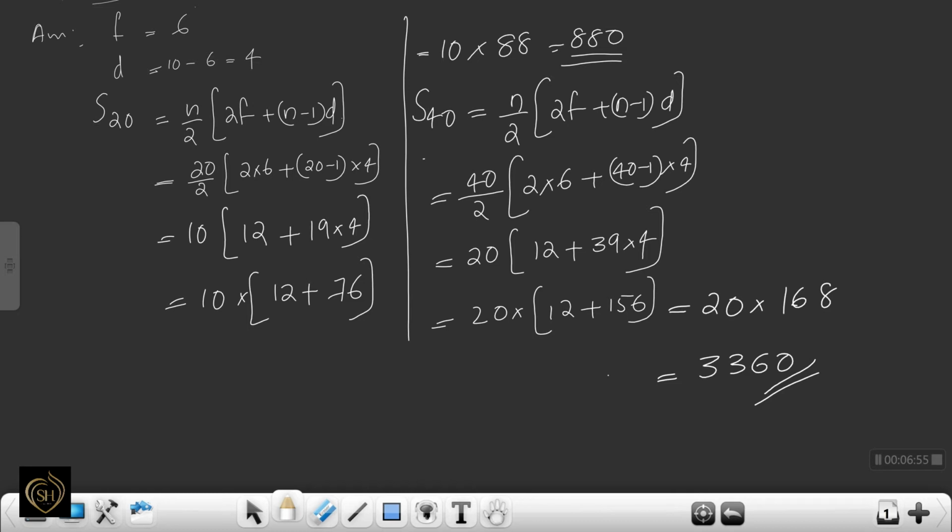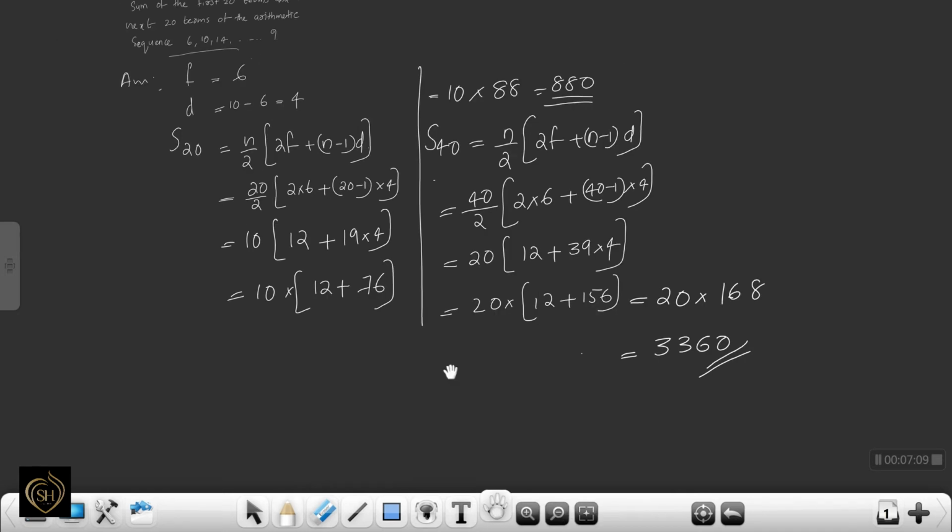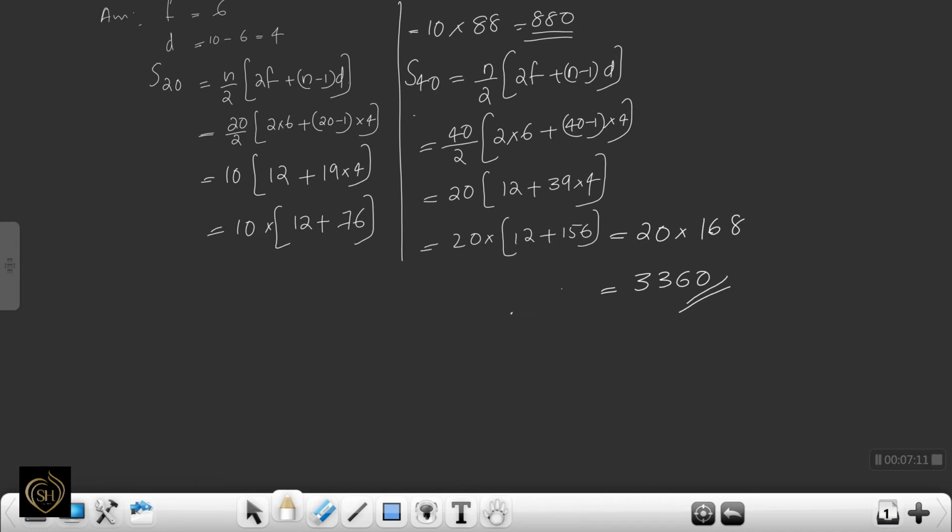Now we have found the sum of the first 20 terms and the sum of the first 40 terms. Here we want to find the difference between the sum of the first 20 terms and the next 20 terms of this sequence. For that, we want to find the sum of the next 20 terms.